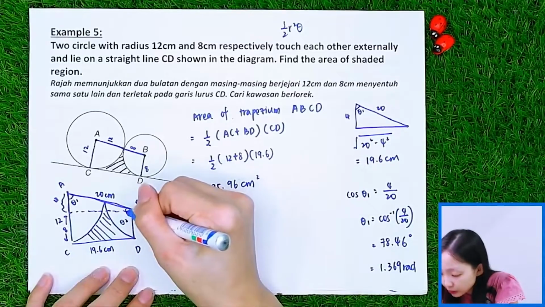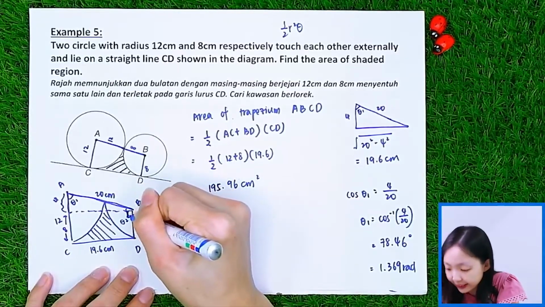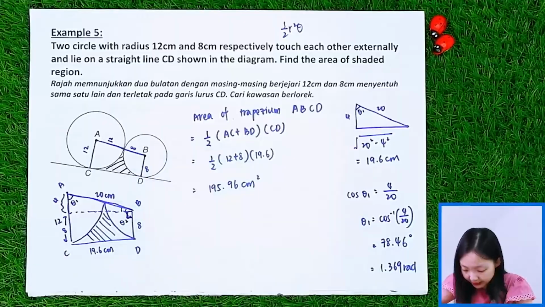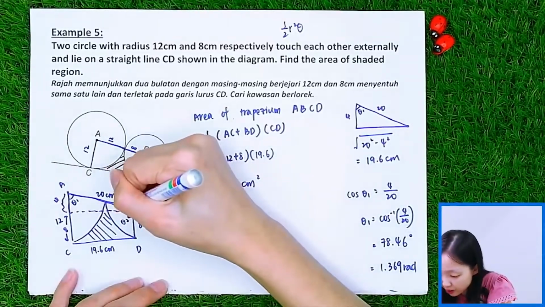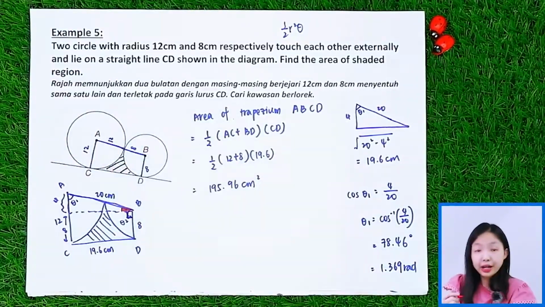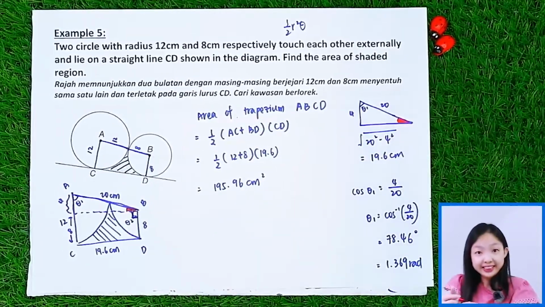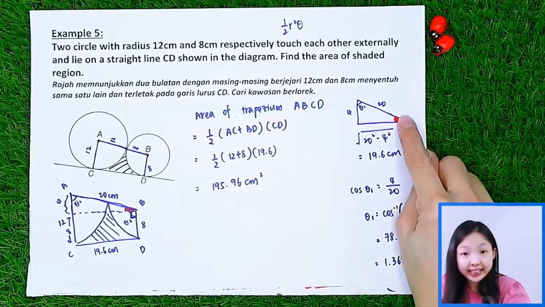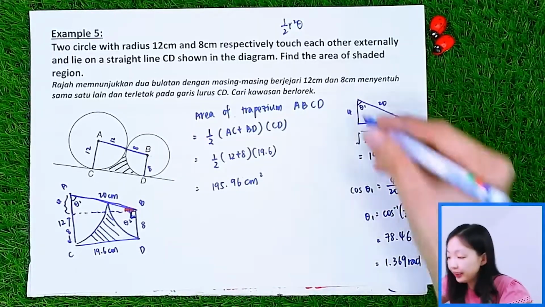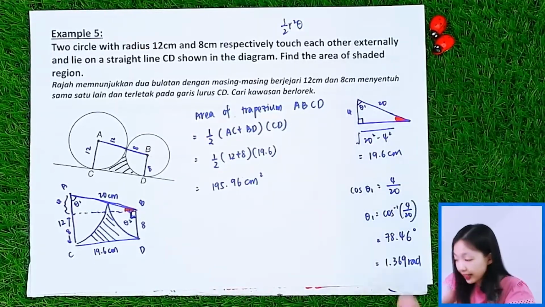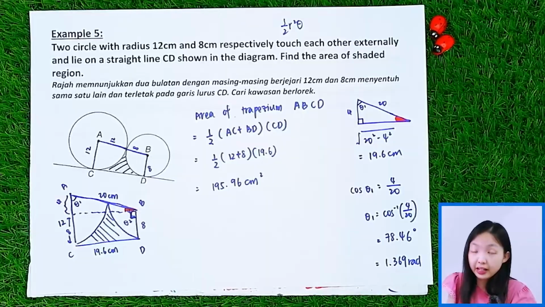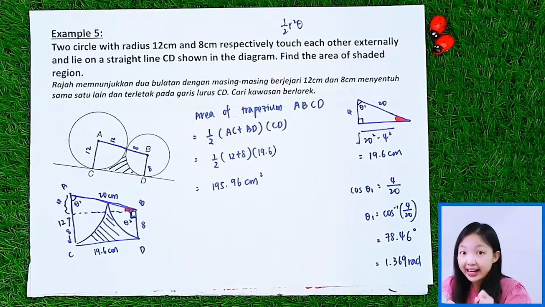For this theta 2, we know that here is the 90 degrees, and we have to add this small little angle, which is here, right? So can we find this angle? Yes, we already know this is 90 degrees, and we know theta 1. In one triangle, the interior angle sum is 180.